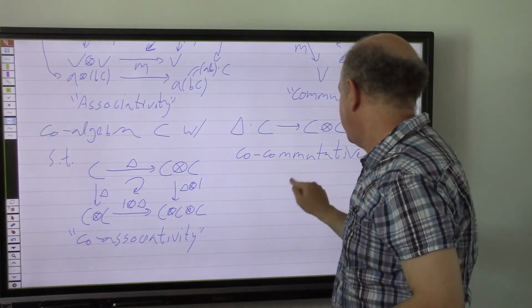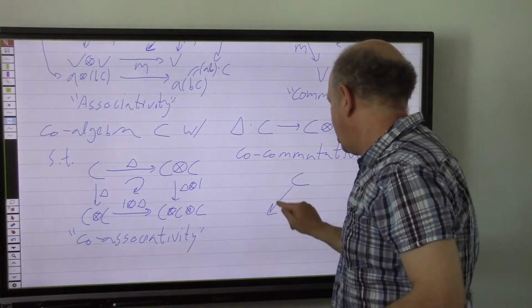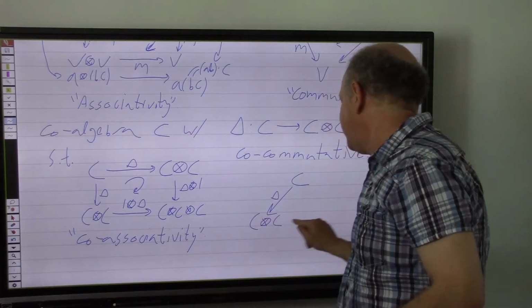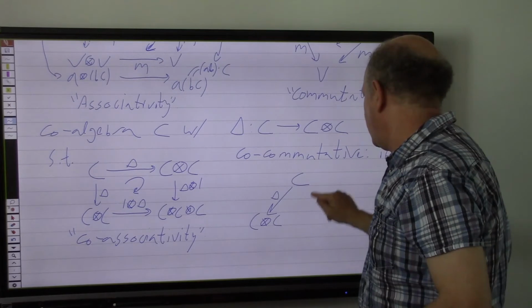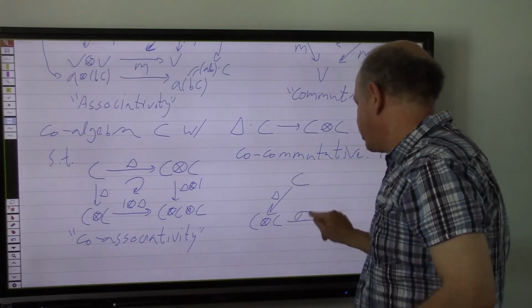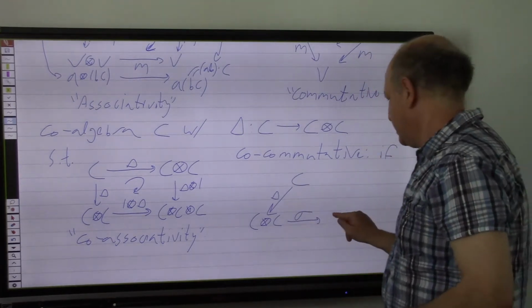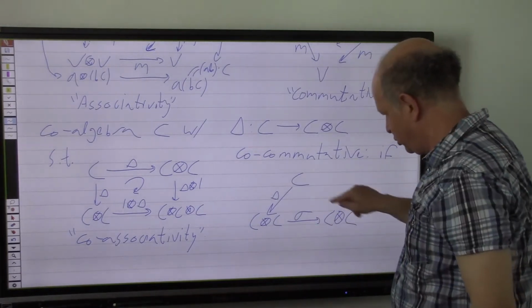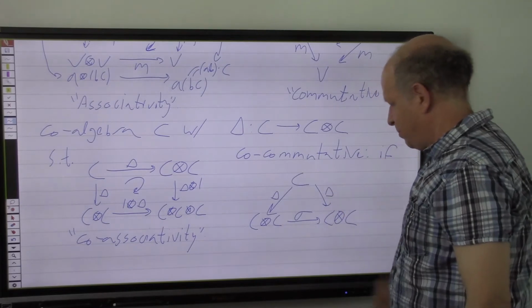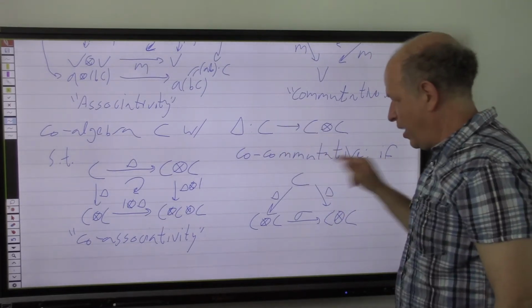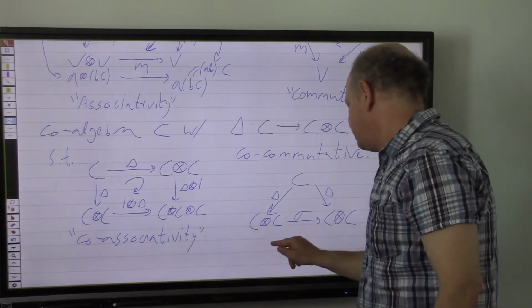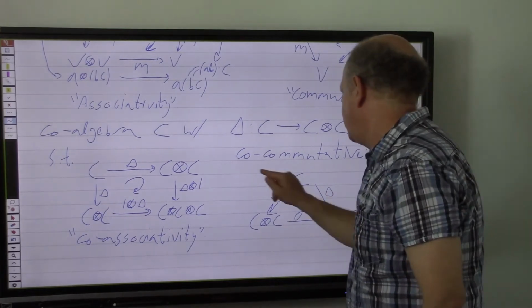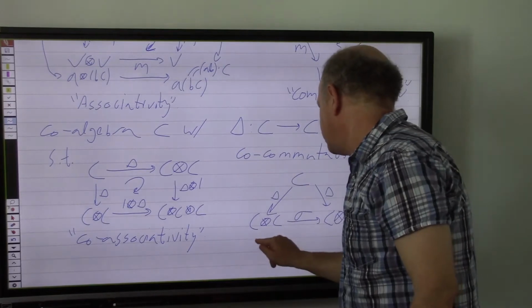So if you start from C, you can go with delta to C tensor C, and then you can swap the two tensor factors, and you come again to C tensor C, but you could have come to this C tensor C directly by applying delta. So a co-algebra is co-commutative if this diagram commutes.